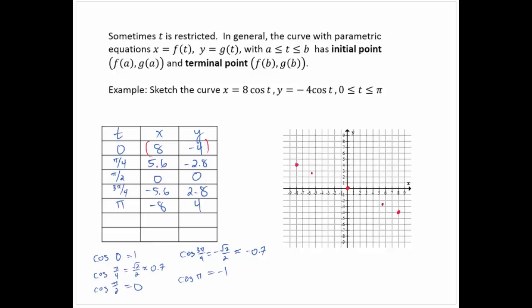It looks to me like we have a line segment here, not a line, because it has an initial point and a terminal point. So it looks like we have a line segment with initial point at (8, -4) and terminal point at (-8, 4). And we do indicate the direction. I'll put an arrow indicating the direction. And that's it. It doesn't go beyond those points.